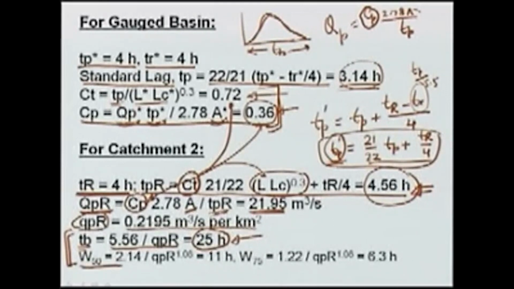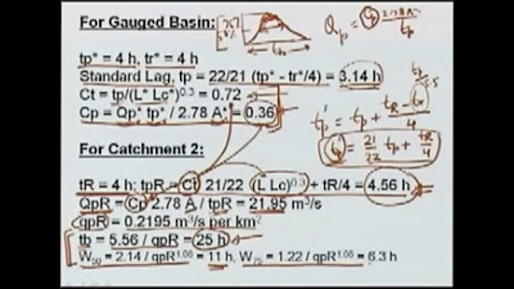There are two other significant values: the width at 50% of the peak discharge, and the width at 75% of the peak discharge. The equations given are W50, the width at 50% of the peak discharge, is 2.14 divided by the peak discharge per unit area to the power 1.08, which comes out to be 11 hours.